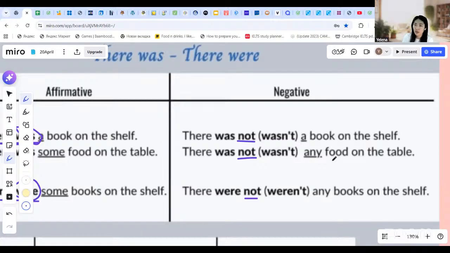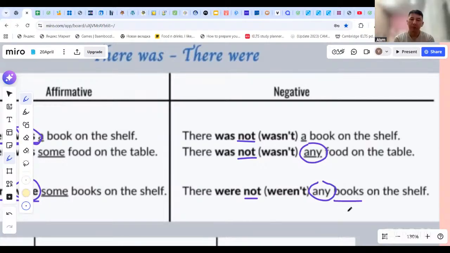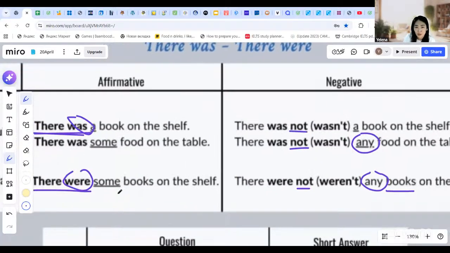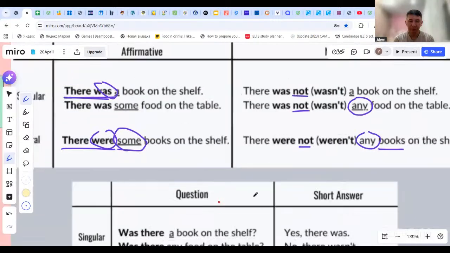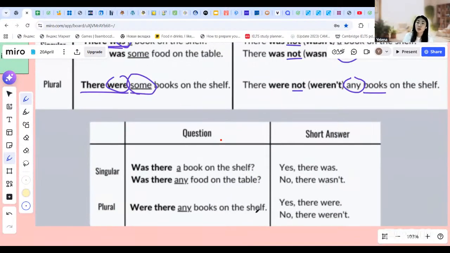Maybe things that we can measure in grams or kilograms, like flour, sugar. Yes. So all these things are considered to be uncountable. So when we make negatives and questions with uncountable nouns or plural countable nouns like books, we should use the specific word any, in negatives and questions, right? Whereas in positives, as you can see, it's underlined, some.